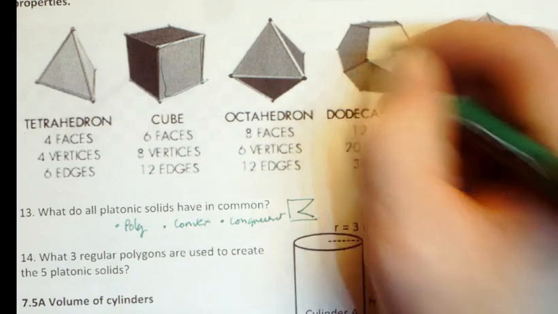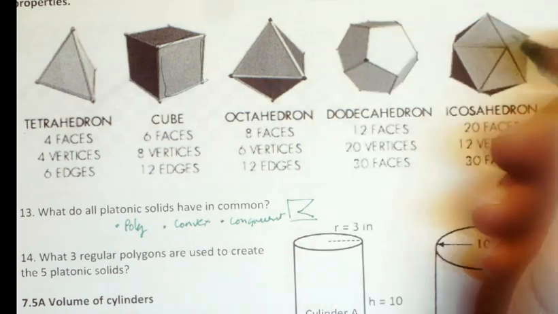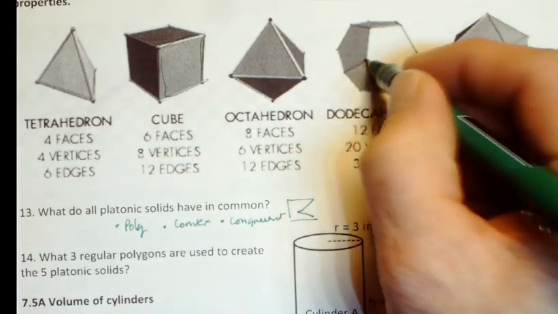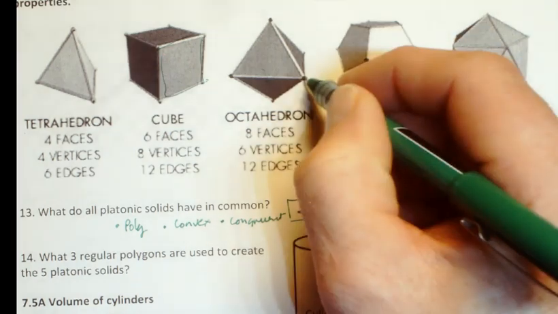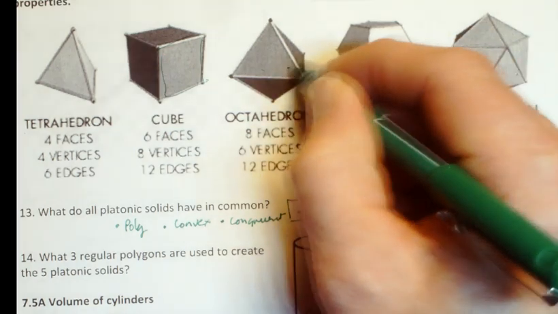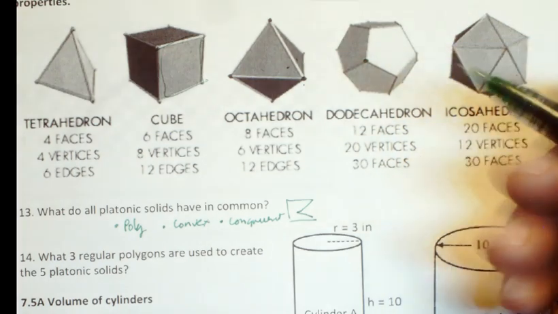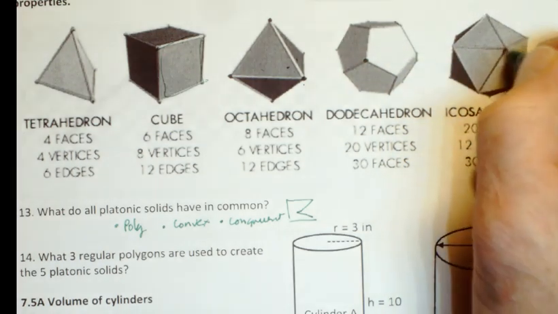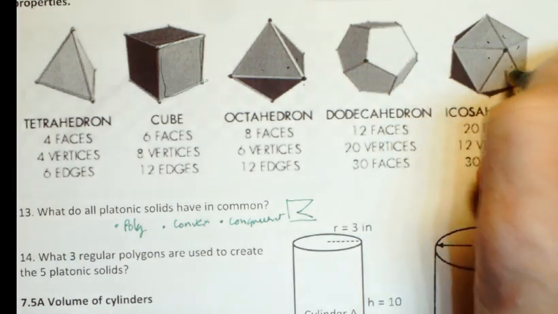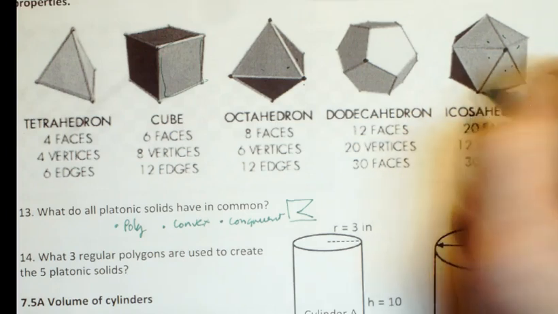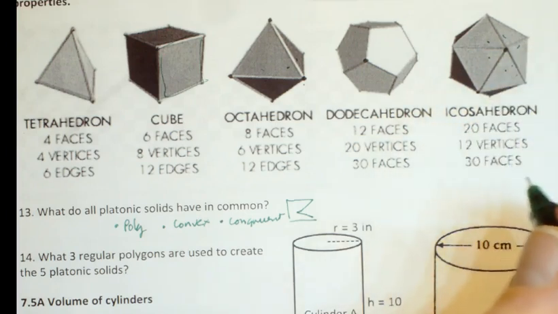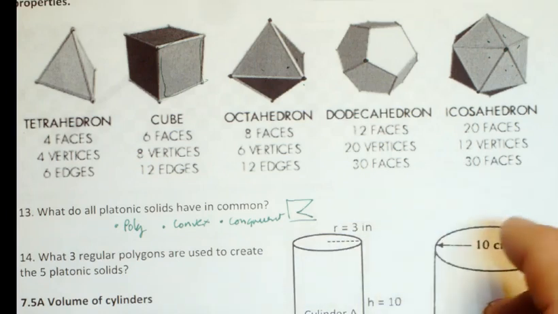And you'll also notice that at each vertex the same number of pentagons meet. So here we've got 1, 2, 3 pentagons meeting. Here on this one we've got 1, 2, 3, and then at the bottom we've got 4 triangles meeting. Up here we've got 1, 2, 3, 4, 5 triangles meeting. So at this vertex we'd have 5 triangles coming together as well. So lots of things that they share in common.